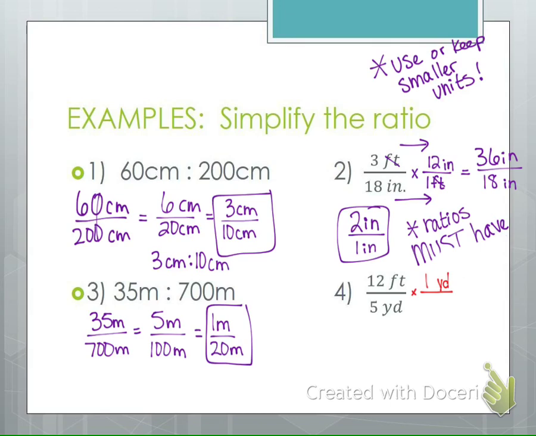So I'm going to put 1 yard on the top, which means what goes on the bottom? How many feet? 3 feet. I can't have both my feet on top and both my yards on bottom because then nothing's going to cancel out for me. But this way I can cancel out my bigger unit of yards and keep my units of feet.